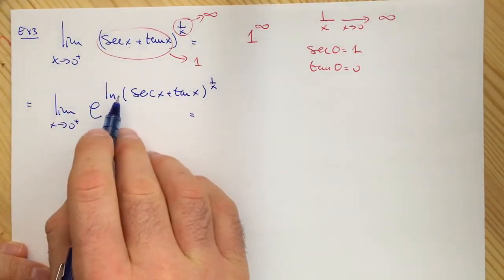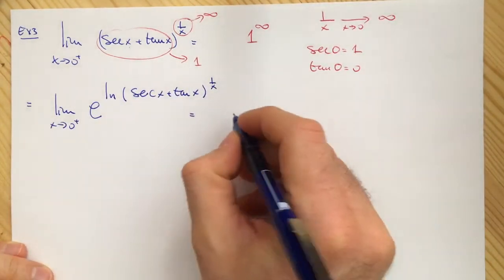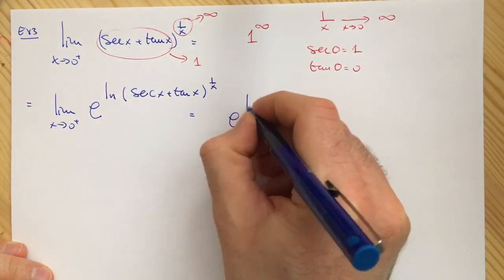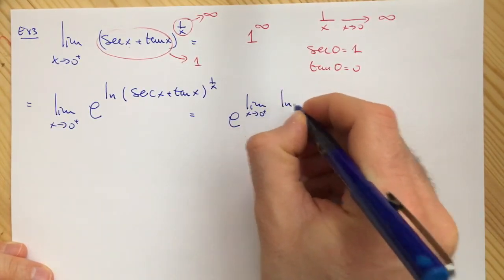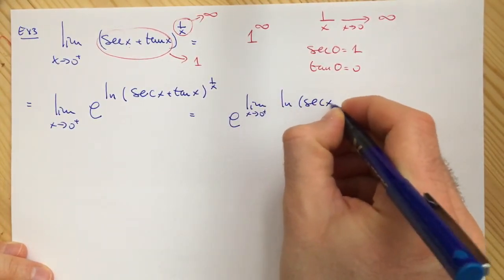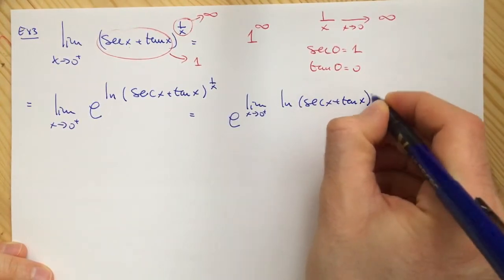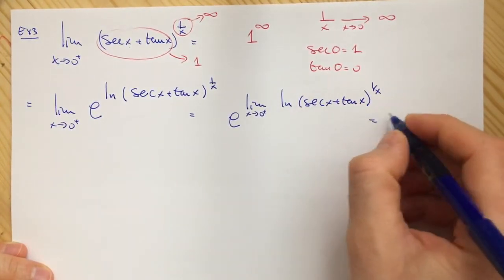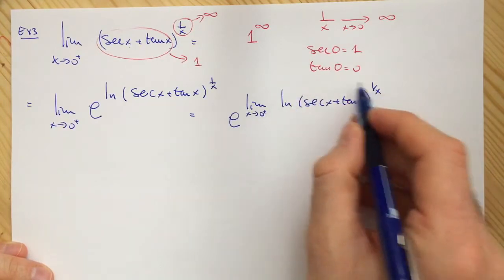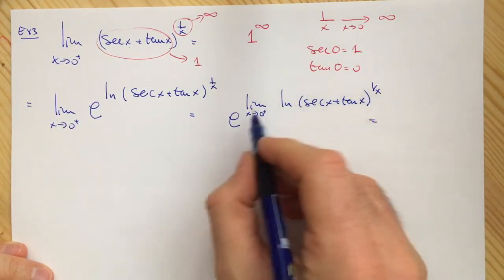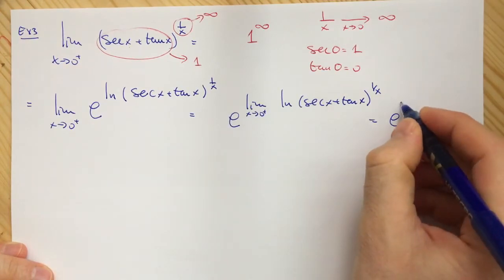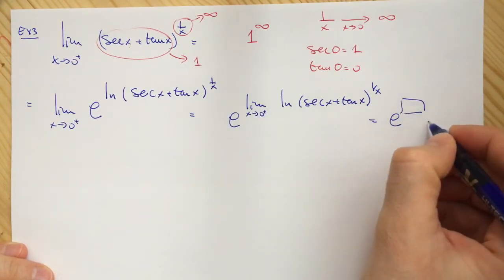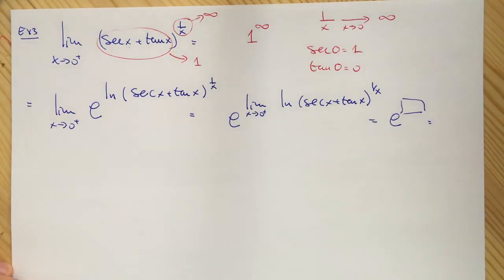And because the function in terms of x appears here, this is just going to be equal to e to the power of limit as x goes to 0 from the right of ln of secant x plus tangent x to the power of 1 over x. If this limit converges, that means that the exponent is going to go to some constant, which we are going to plug in here and finally evaluate how much this limit is.